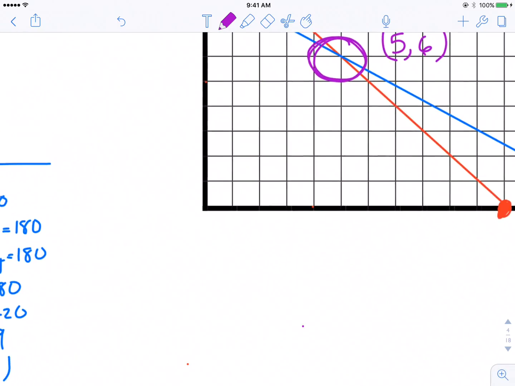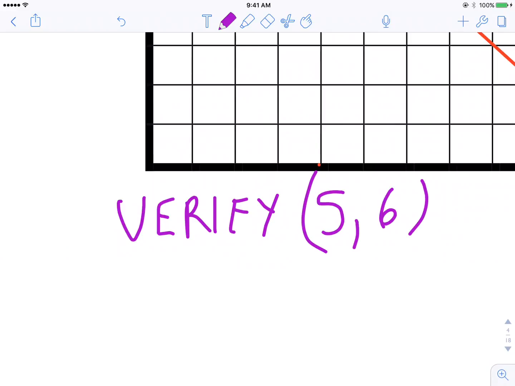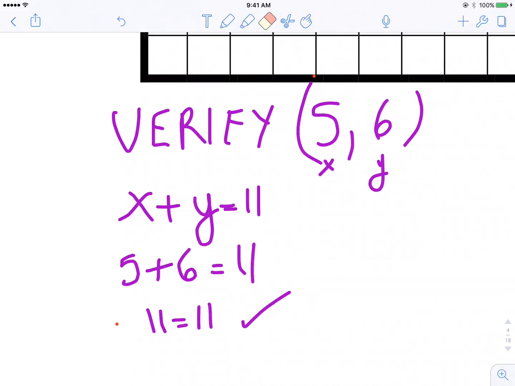So I go verify. 5, 6. Start with my first equation: X plus Y equals 11. Substitute in my x and my y. 5 plus 6 equals 11, and 11 equals 11. So it's true. So far, so good.